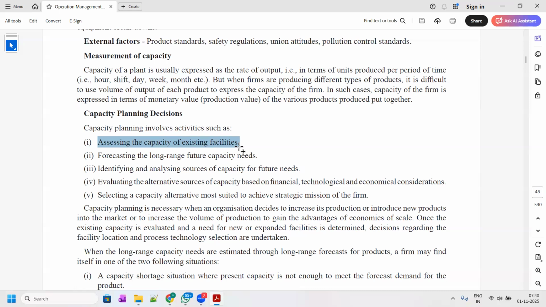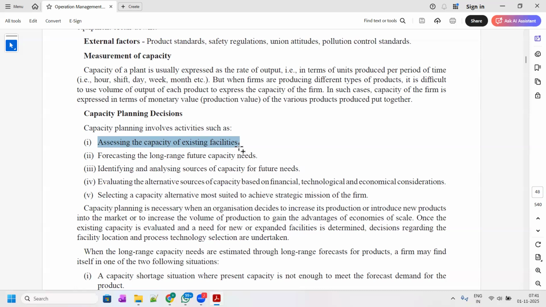That idea of the long-term capacity requirement, you will get based on understanding the demand we are getting. The demand may be cyclical, or irregular, or maybe secular. So that idea we need to have. Then identifying and analyzing possible sources of additional capacity is again very important.